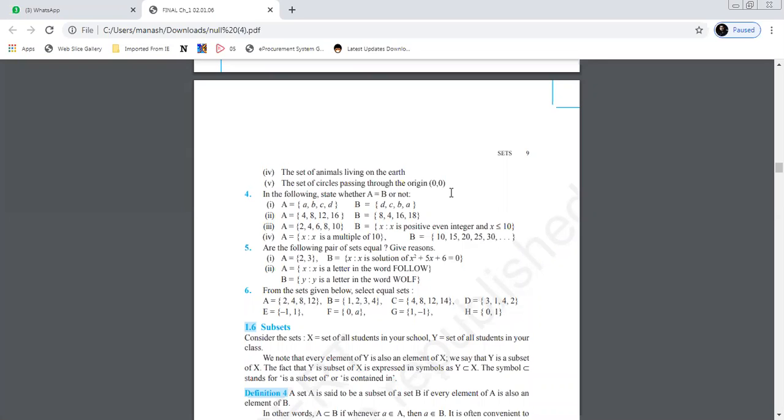Now listen to me carefully. I will ask one question. Tell me, the set of lines passing through 2 points, is this finite or infinite? Listen carefully at first.